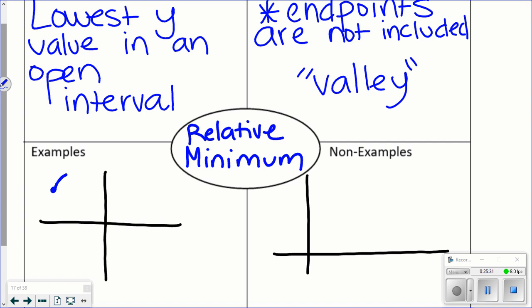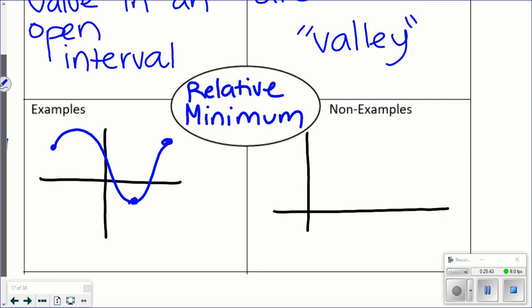So let's say I have a graph that looks like this. See the valley? See the U shape? Right down here, this point would be our relative minimum, and let's just say that it occurs at -2.